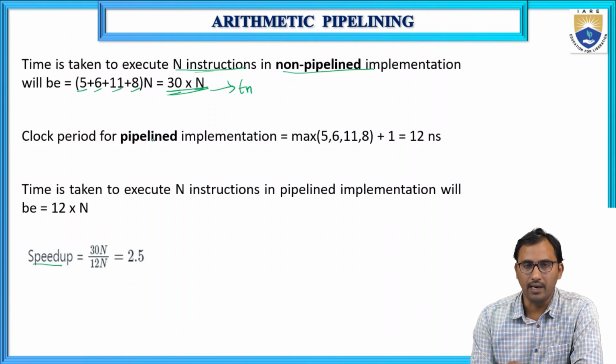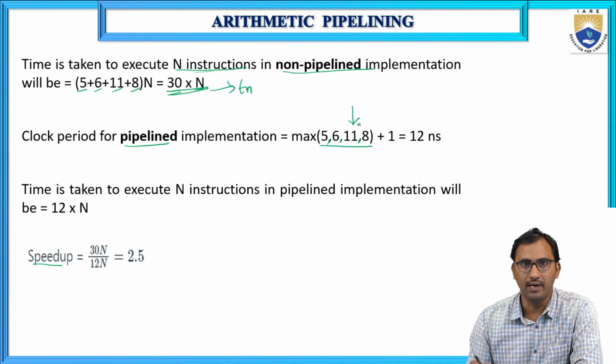Similarly, with pipeline technique, the maximum clock period required is the maximum of 5, 6, 11, 8. So that means we are considering 11, because if we provide 11 nanoseconds of clock period to every stage, then it performs the task very well.